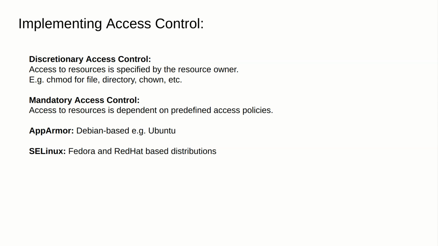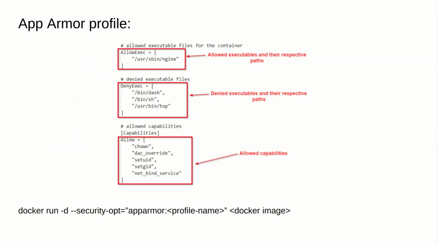Now say we take the example of AppArmor. This is how an AppArmor profile looks. In the AppArmor profile, we say that there is this image which I'm running, and there will be some specific file allowing the executable to run, which only this particular binary has.